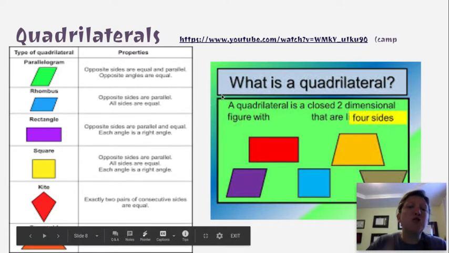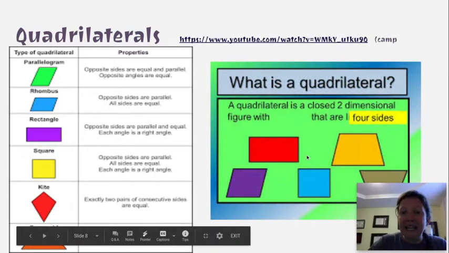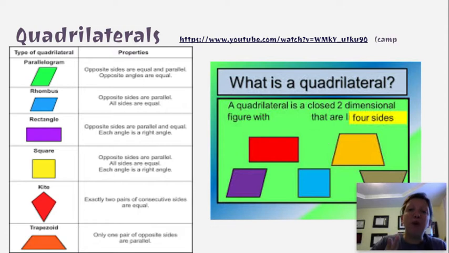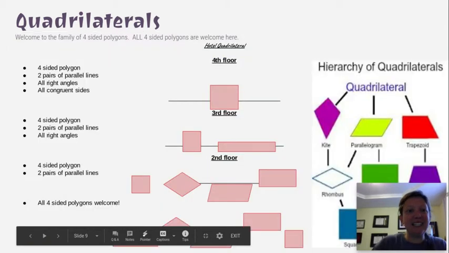What makes the trapezoid different than any other quadrilateral? Great job. It's the only one that only has one pair of parallel sides. And a quadrilateral, remember, is any four-sided polygon.